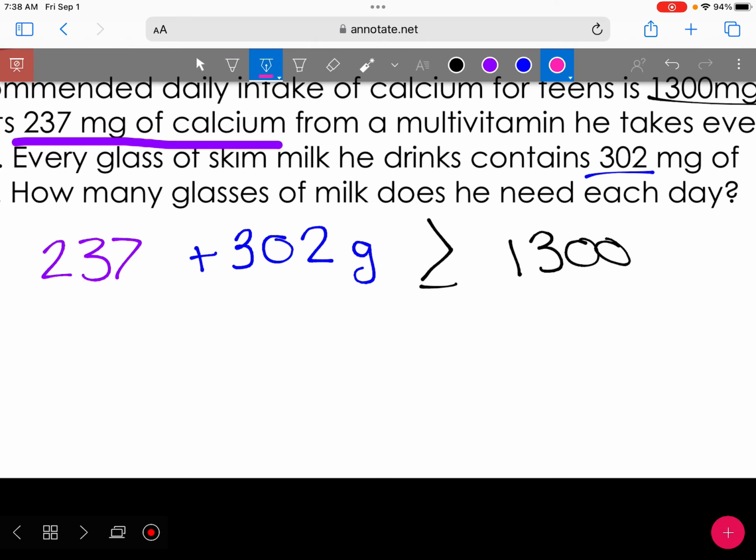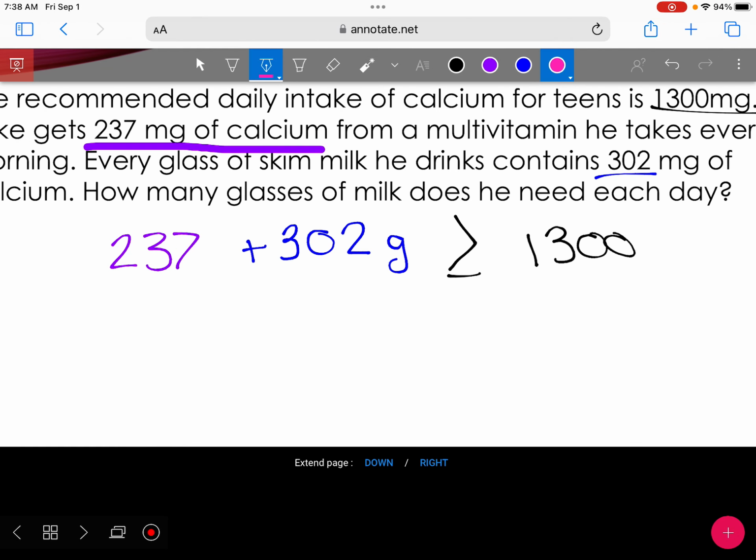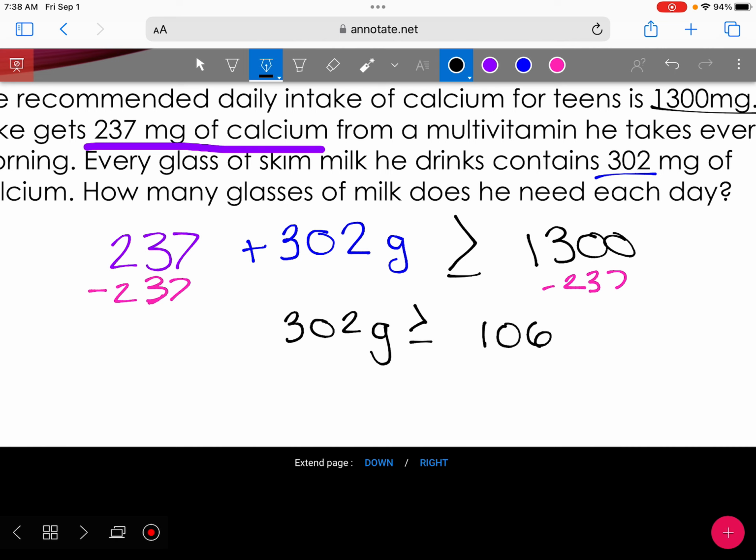So once we have our equation, we're going to come through and solve it. What do we need to do to solve this? Minus 237 on both sides. So we're going to have 302G is greater than or equal to 1073? Is that what it is? 1063. It was close. Then what do we do?